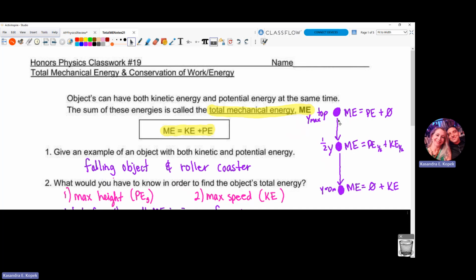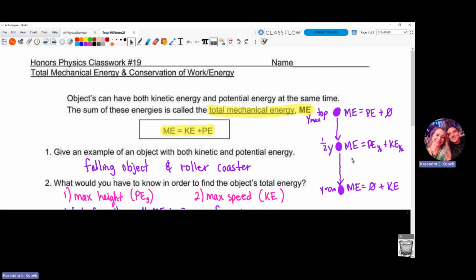Once the object starts to fall, then it's going to lose potential energy and gain kinetic energy, right? The potential energy has to go somewhere. It doesn't just magically disappear. At the halfway point, half of the height is going to be half potential and half kinetic.